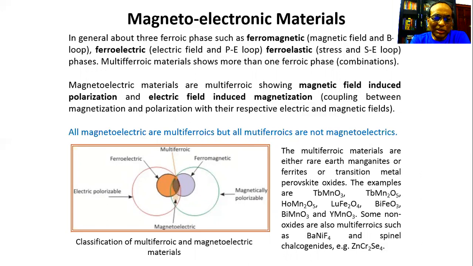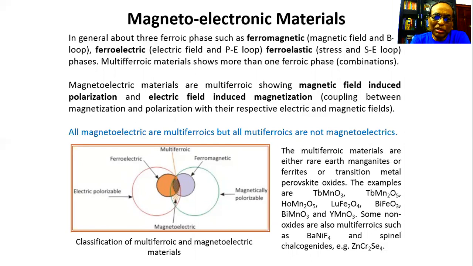So here is the classification of multiferroic and magnetoelectric materials. The ferromagnetic circle and ferroelectric circle are interlacing each other; one is magnetically polarizable and the other is electrically polarizable.